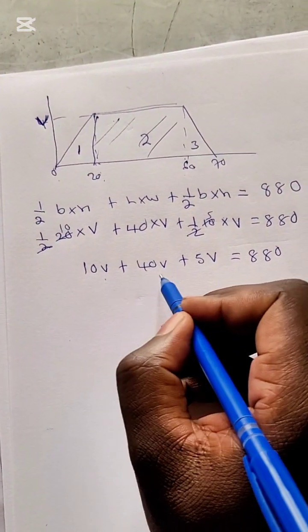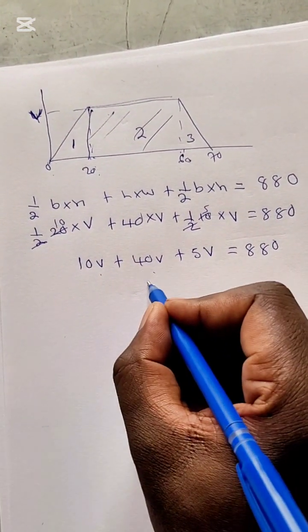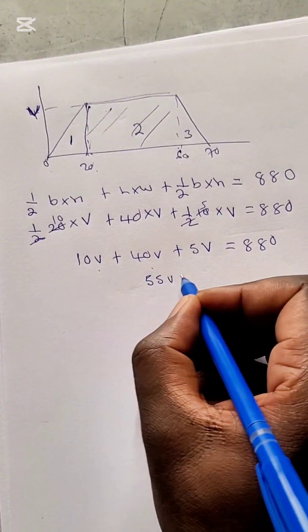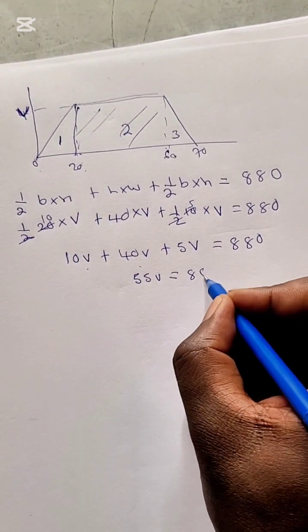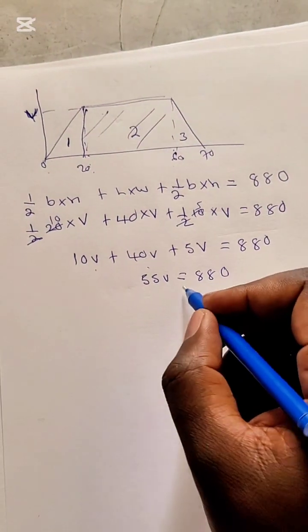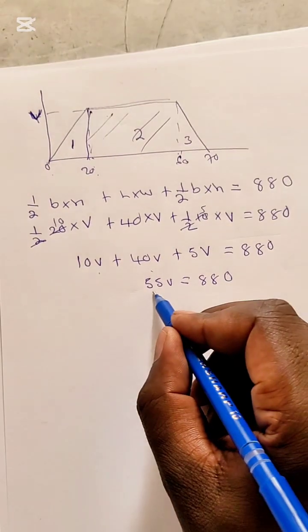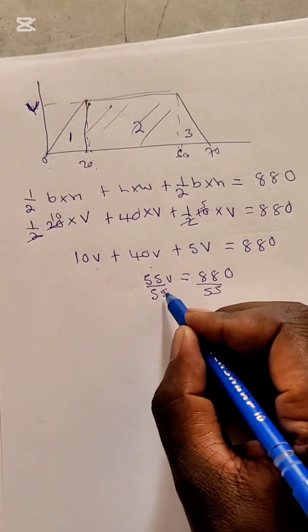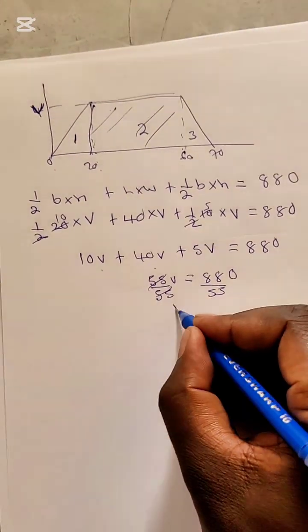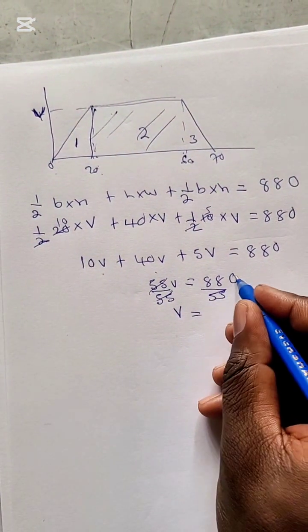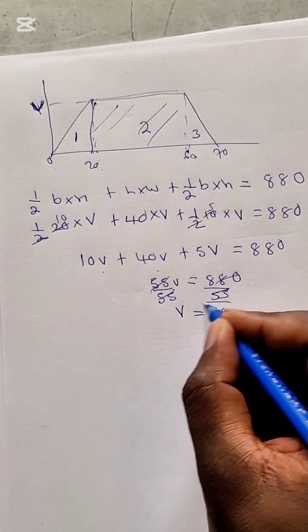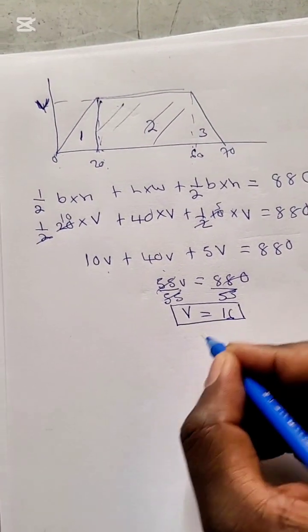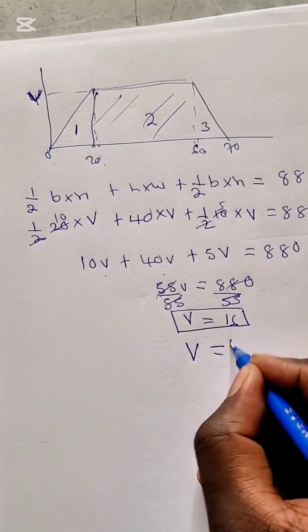So 10V plus 40V is 50V, plus 5V, that's 55V, equals 880. I'm going to divide both sides by 55. So V will be 16. V is equal to 16.